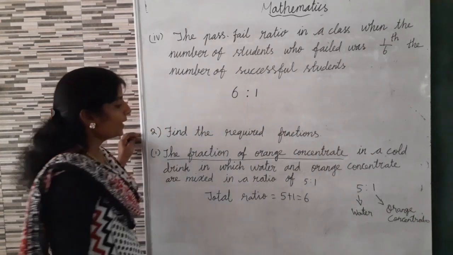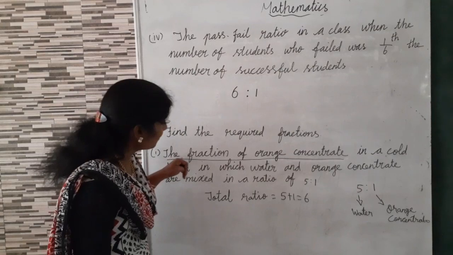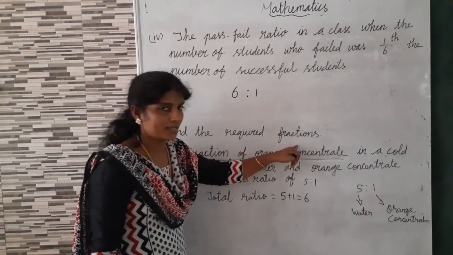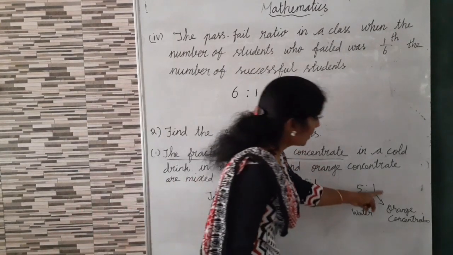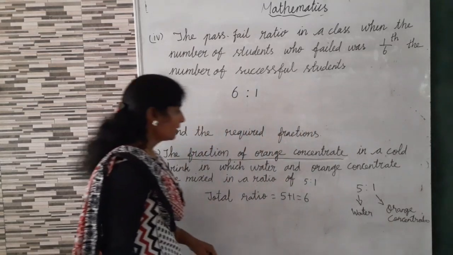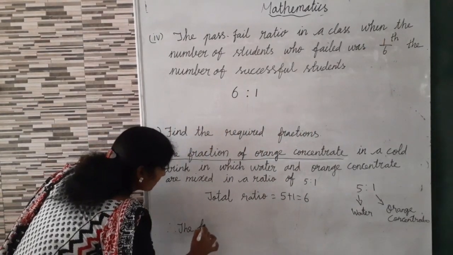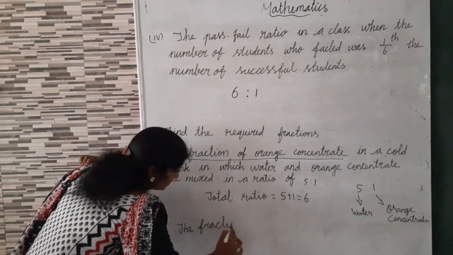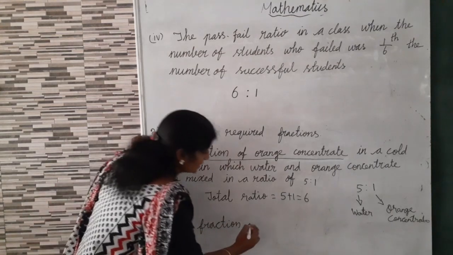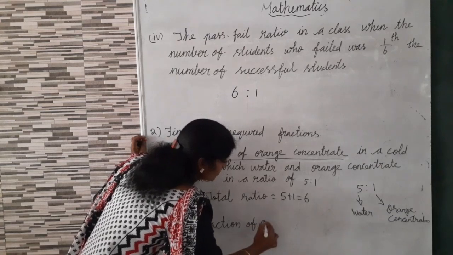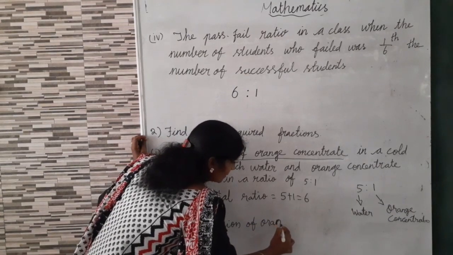Okay. Now here we want to find the fraction of orange concentrate. Here only one orange concentrate. Therefore, the fraction form of orange concentrate, isn't it?